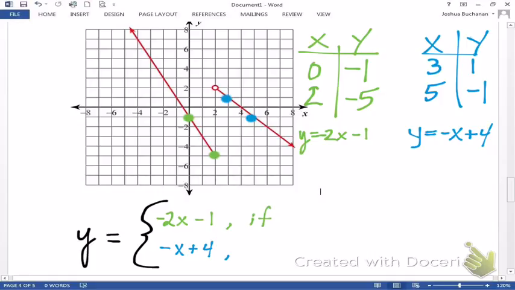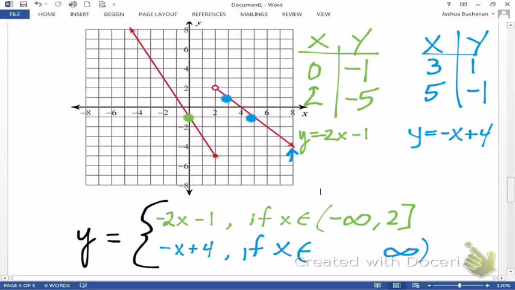So this first equation's domain restriction is if x is between, we see that this arrow points towards the left, so that's negative infinity, all the way to x equals 2. And if we recall, this is a solid dot, which requires a bracket. The second one goes all the way to positive infinity, which means infinity will be over here.